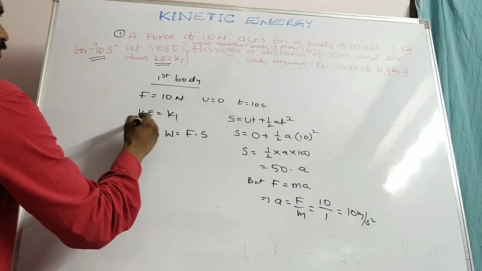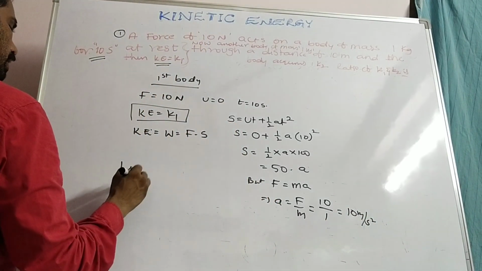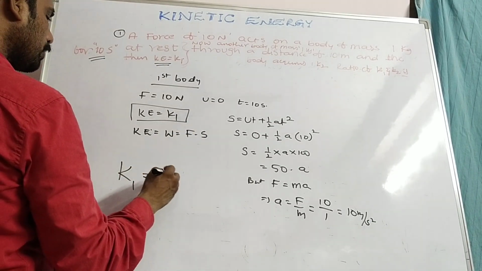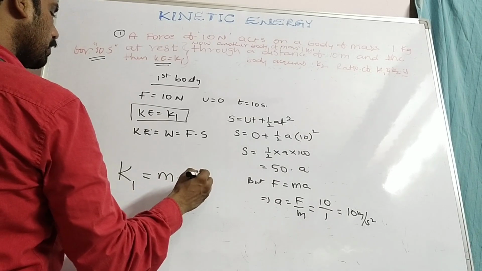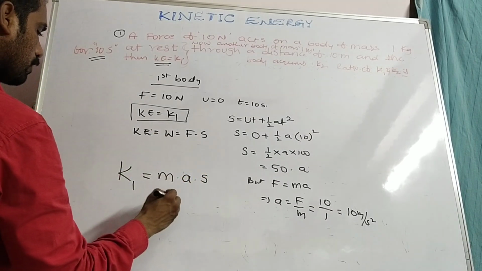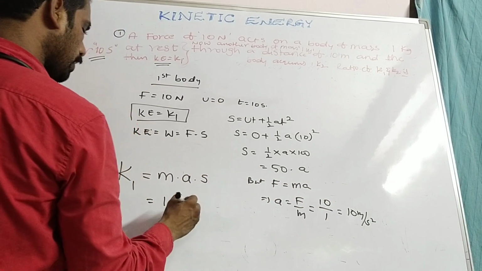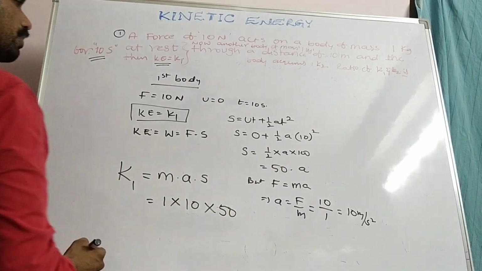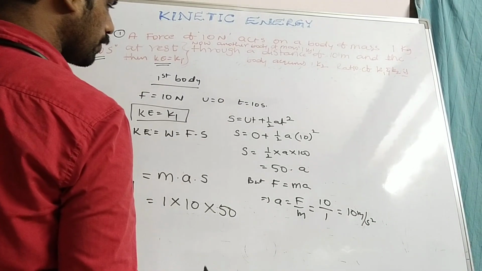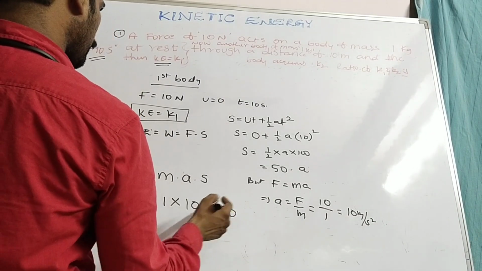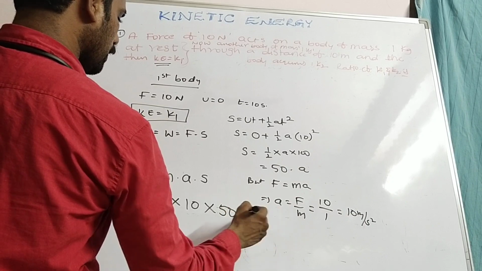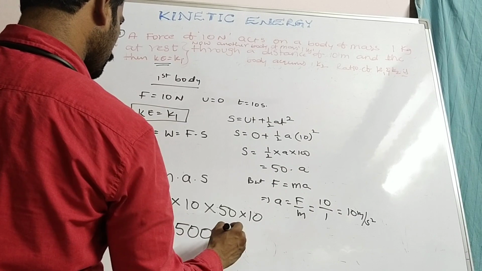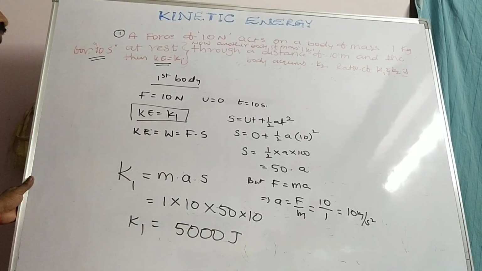So to find kinetic energy, K1 is equal to force, that is m into a, into S. Mass is 1 kg, acceleration is 10, displacement is 50a, and the a value is 10, that is equal to 5000 joules. K1 is equal to 5000 joules.